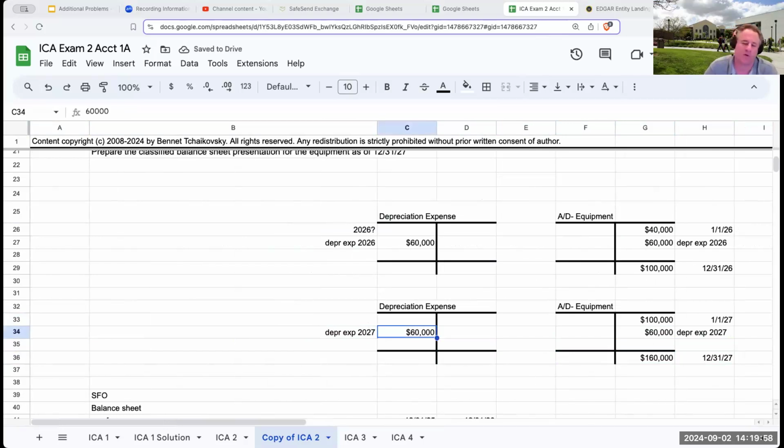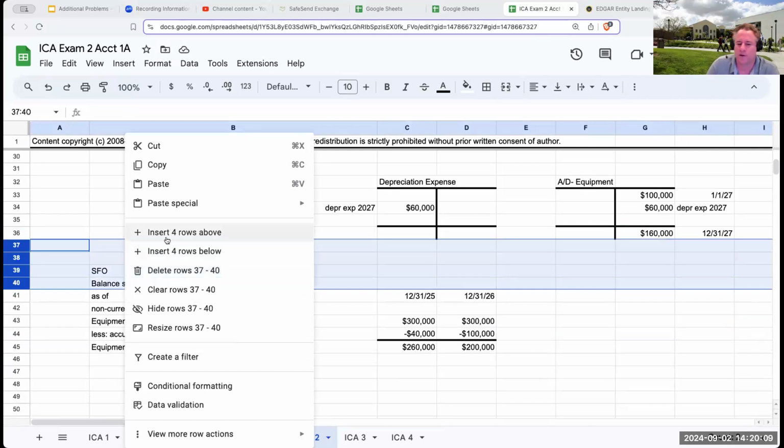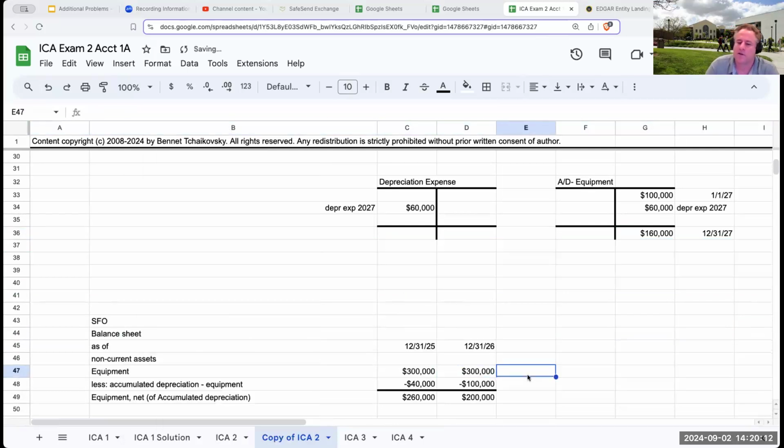Remember, expenses, revenue, and dividends all get closed out to retained earnings. This, however, is a contra asset account. It has a credit balance. That's why you're seeing the negative over here, because it's reducing the carrying value of my equipment.